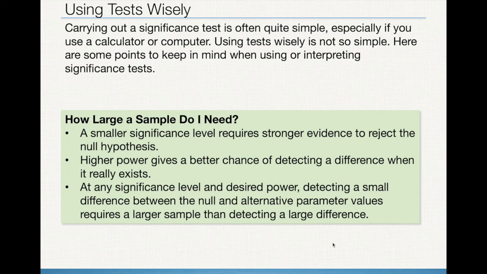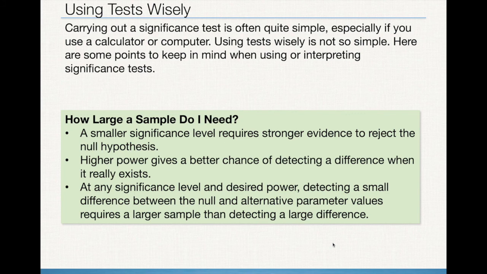So it's important that when you start these significance tests, read into the problem, make sure that you feel good about the fact that all the experimental design has been done to the best of the ability so that these tests will have meaning. From there, we have to recognize the fact that if we're selecting a significance level, the smaller level that we pick, the stronger evidence is going to be needed to reject the null hypothesis.